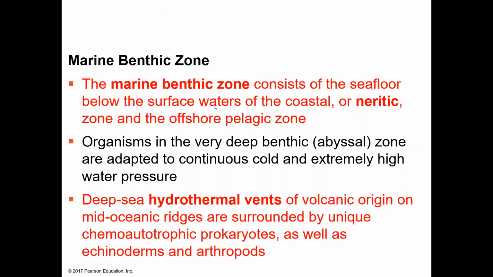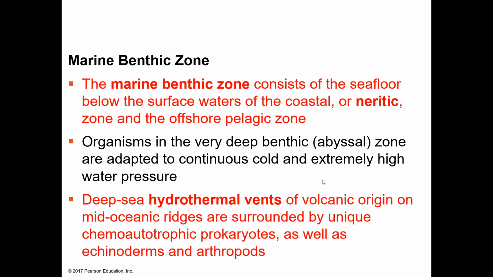Marine benthic zone, that would be the seafloor below the surface waters of the coastal or neritic zone, and the offshore pelagic zone. Organisms in the very deep benthic zone, the abyssal zone as it's also called, are adapted to continuous cold and extremely high water pressures.